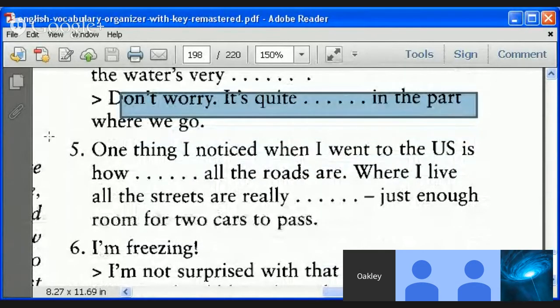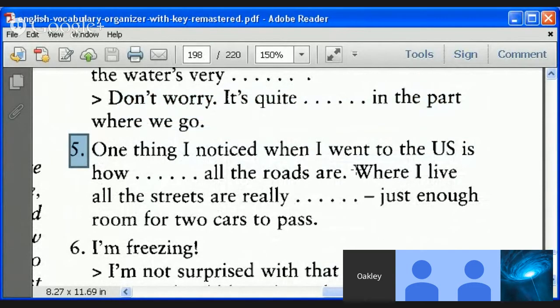Mustafa, how about number 5? One thing I noticed when I went to the US is how long all the roads are. How long, right? Well, logically, that fits.